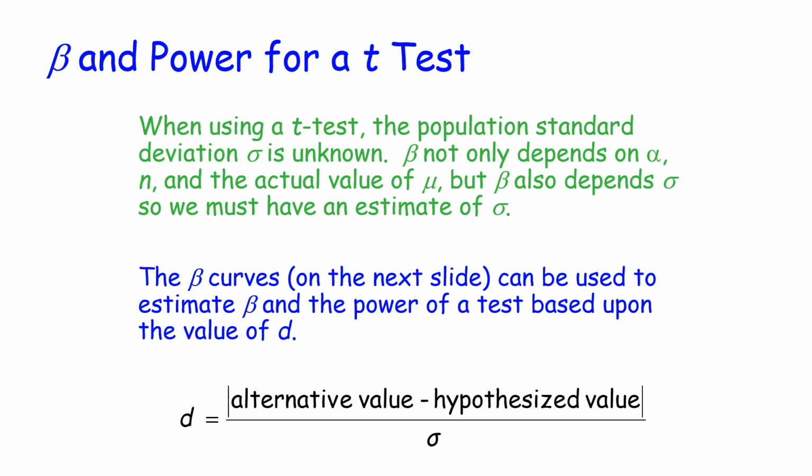The beta curves on the next slide can be used to estimate beta and the power of a test based on the value of D. The value of D is the absolute value of the alternative value minus the hypothesized value, divided by sigma.